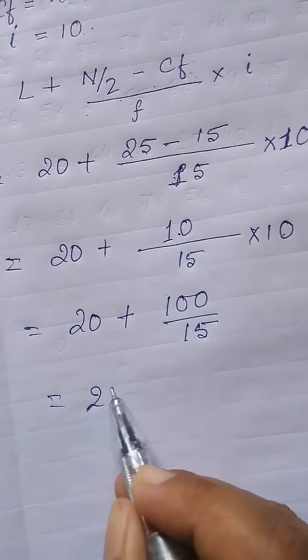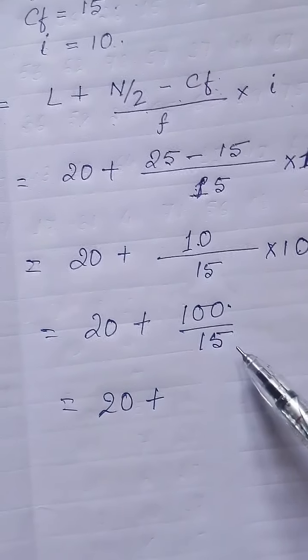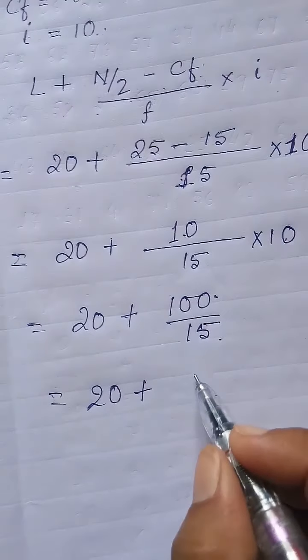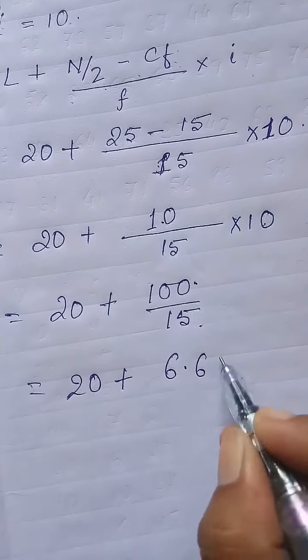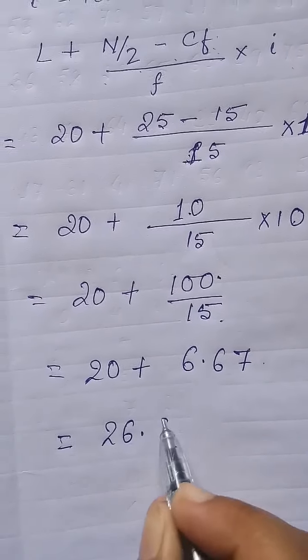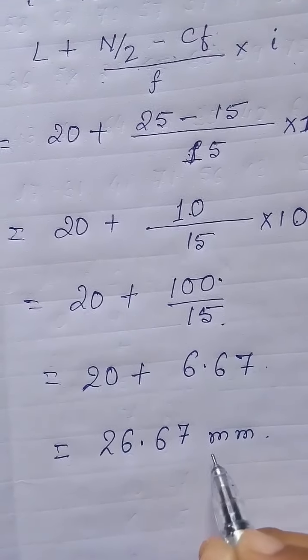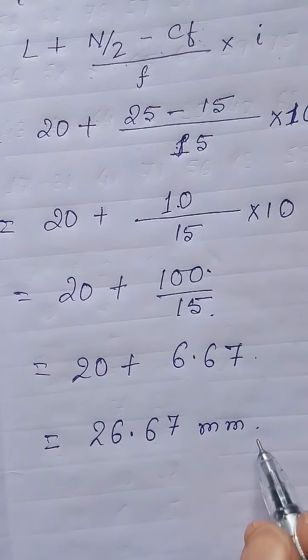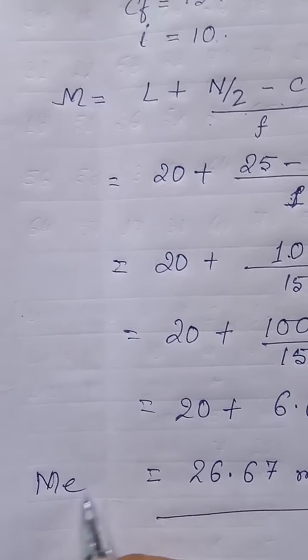Again 20 plus, if you divide 100 by 15, you will get 6.6666, so we can write 6.67. So at last the answer will be 26.67. Because it was rainfall, it is in millimeters. So this is our median.